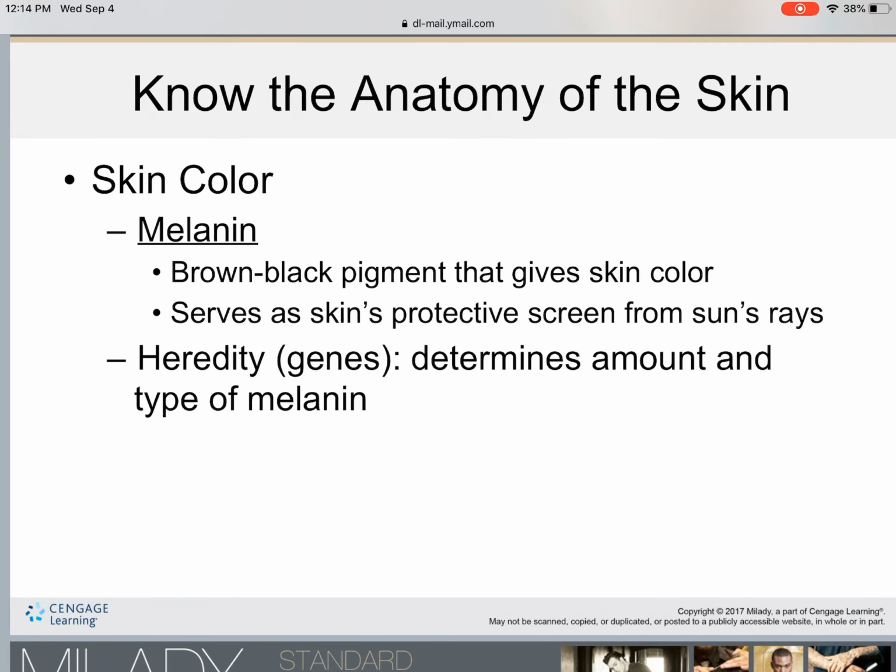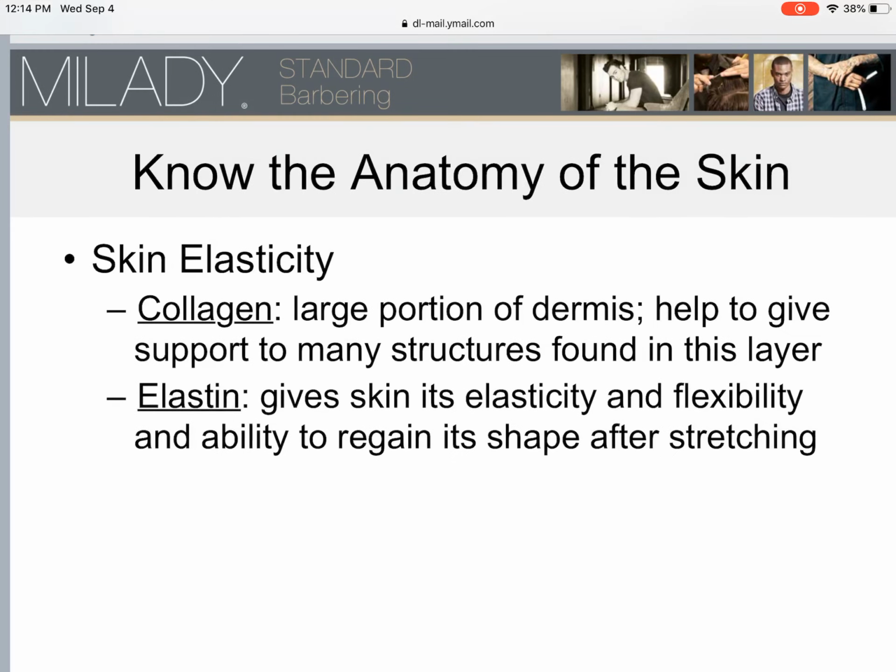Okay. Skin elasticity. Elasticity is the ability for something to stretch and return to its normal state. Healthy skin is elastic. How does the skin get its elasticity? Well, let's talk about two things: collagen and elastin. Collagen fibers make up a large portion of the dermis and help to give support to the many structures found in its layer.